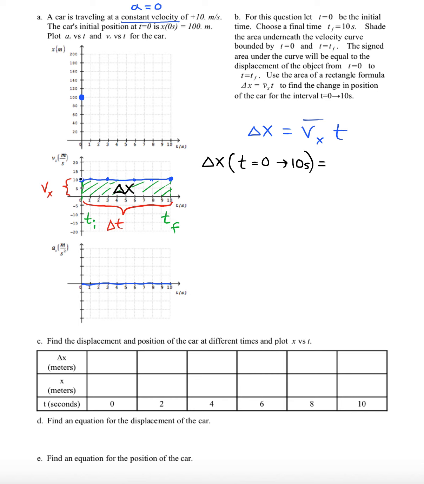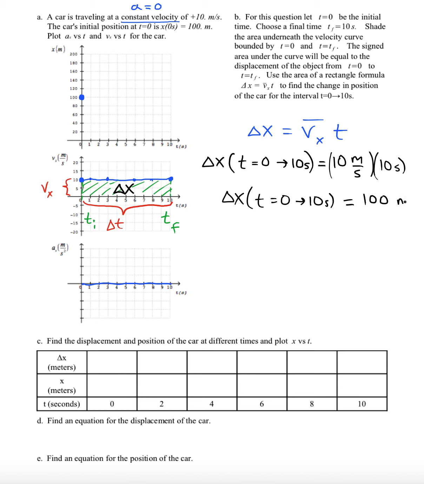By multiplying the height of the rectangle, which is 10 meters per second, times the elapsed time, which is going to be 10 seconds. According to this calculation, the displacement for that time interval will be 100 meters.